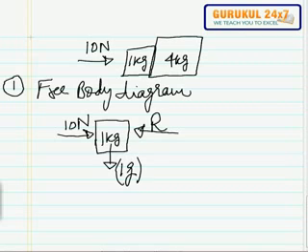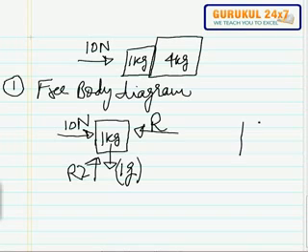We are assuming that these two masses are on a very smooth table, so the table will also exert a reaction force. Let's call that R2. So these are the forces that we have drawn on the 1 kilogram mass.